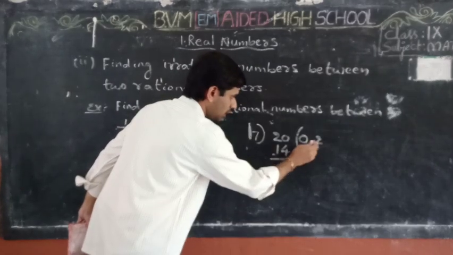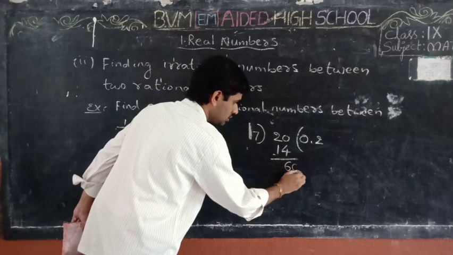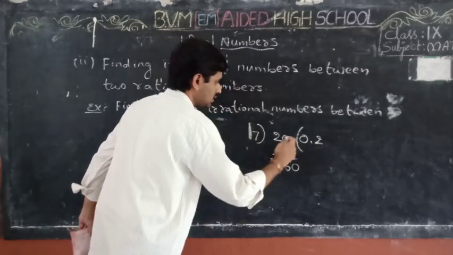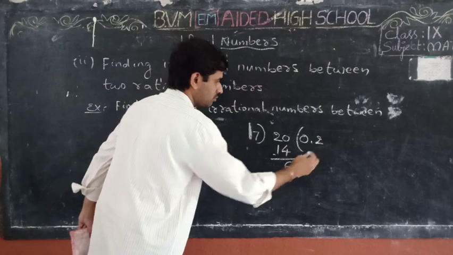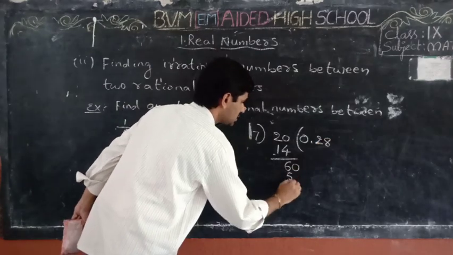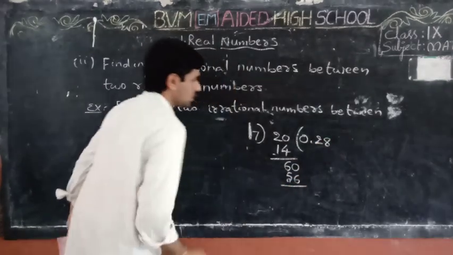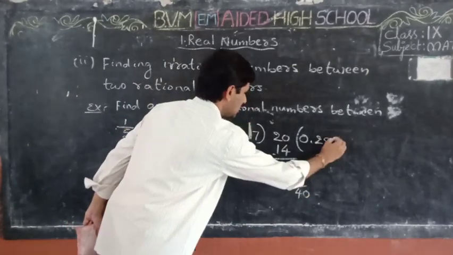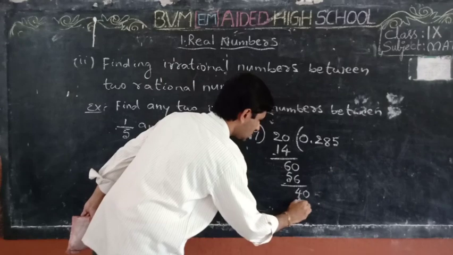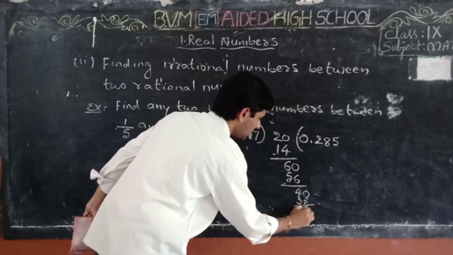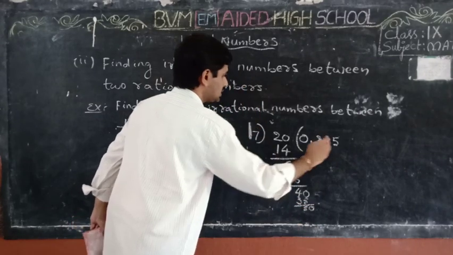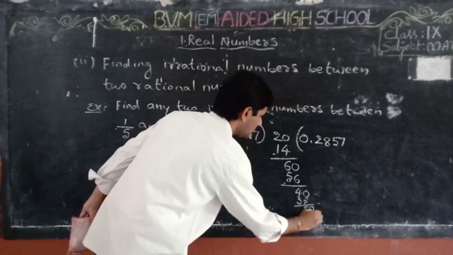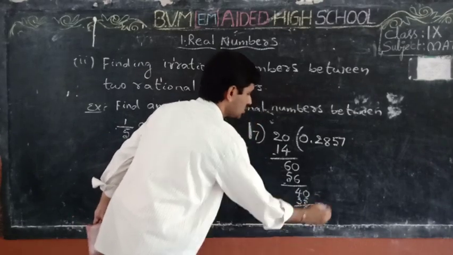Now we have already placed one decimal point, 0.7 eights are 56. Now the difference is 4, 0. 7 fives are 35, 5, 0. 7 sevens are 49, 1, 0.